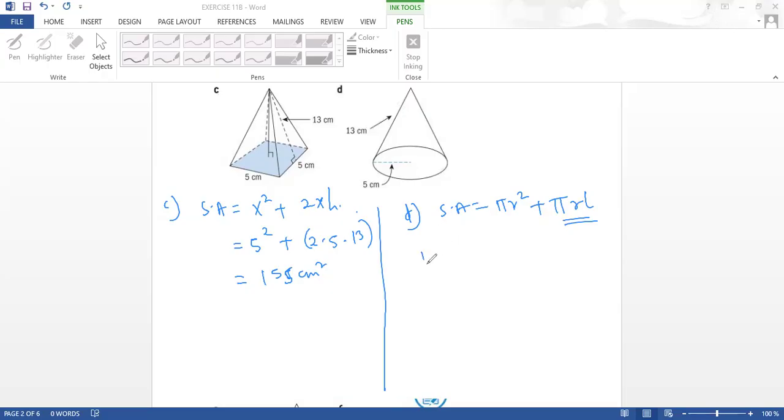So pi r squared, that is pi multiplied by r squared, is 5 squared, plus pi multiplied by r, 5, multiplied by slanted height, which we normally call L, times 13. And then this is 25 pi plus 65 pi. So your answer ends up to be 90 pi. So that's how you get the answer.